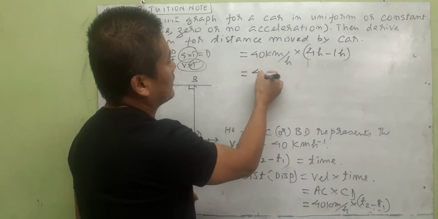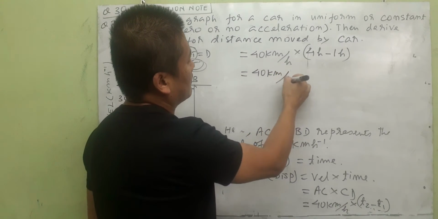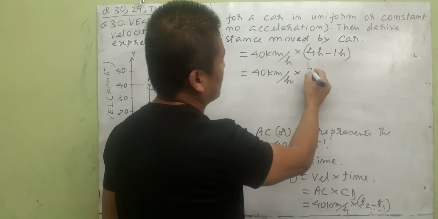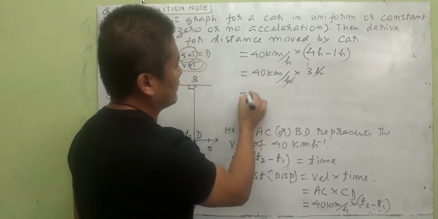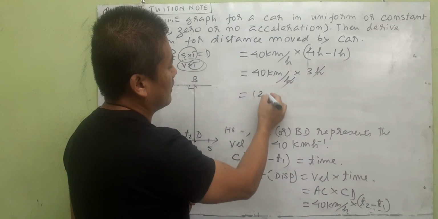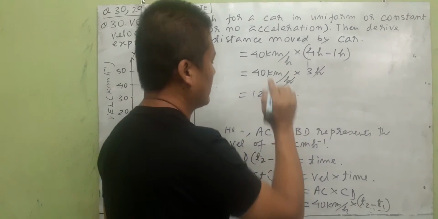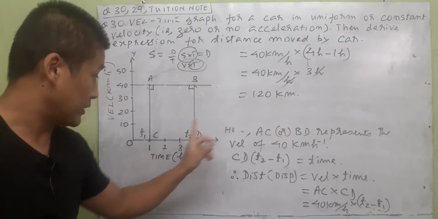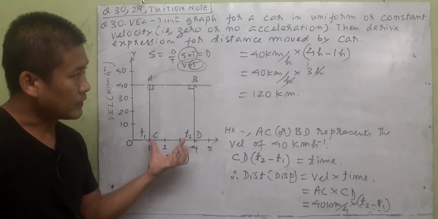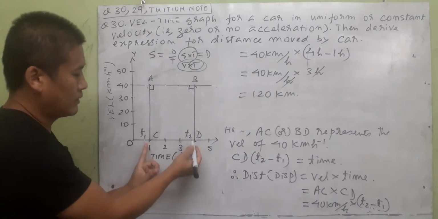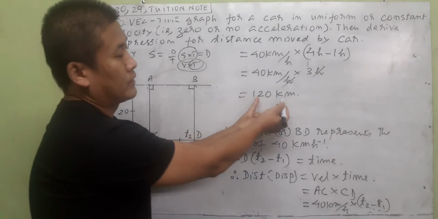So we get 40 km per hour into 4 minus 1, which is 3 hours. 3 fours are 12, so 120. The car has traveled 120 km between T1 and T2, meaning for a time period of 3 hours.